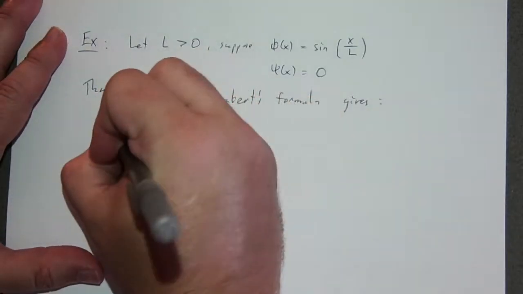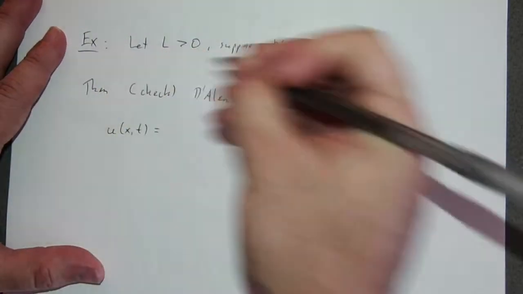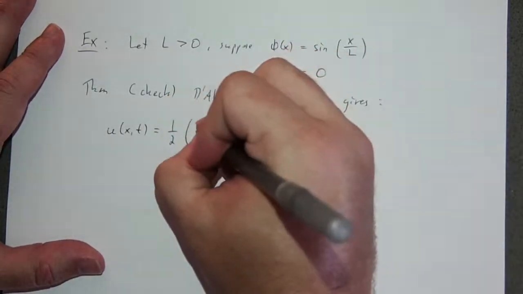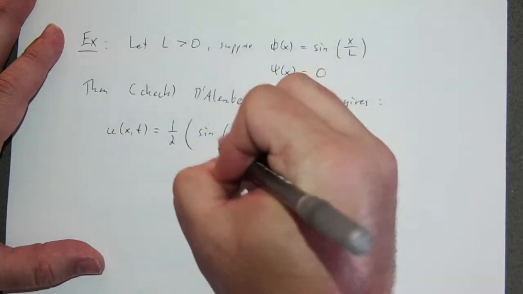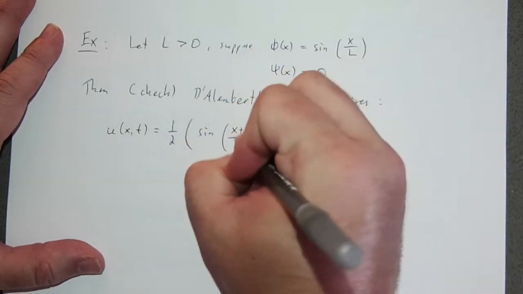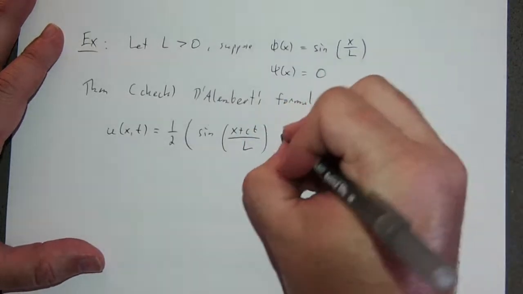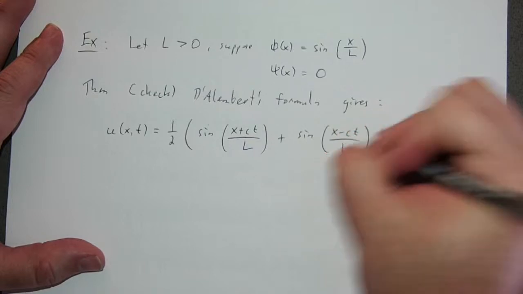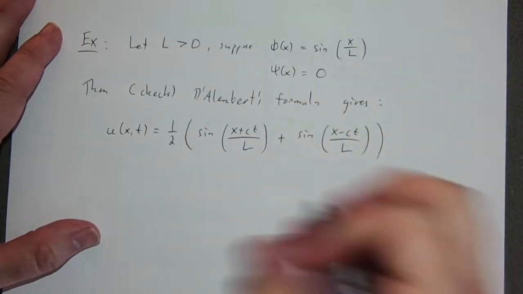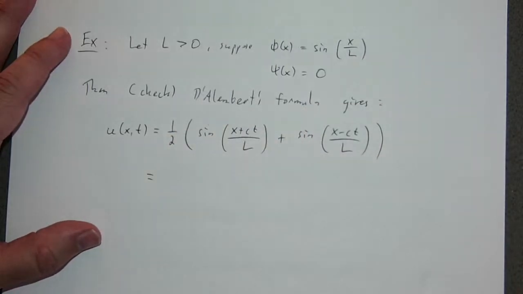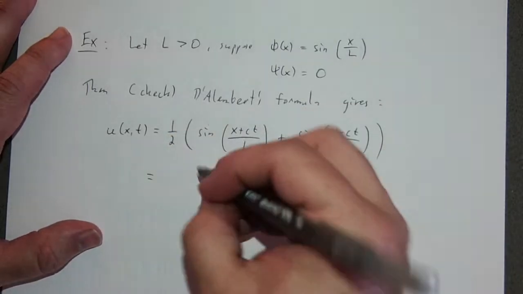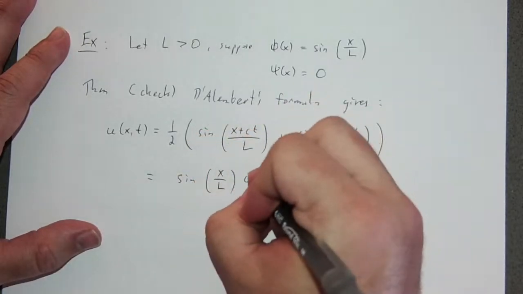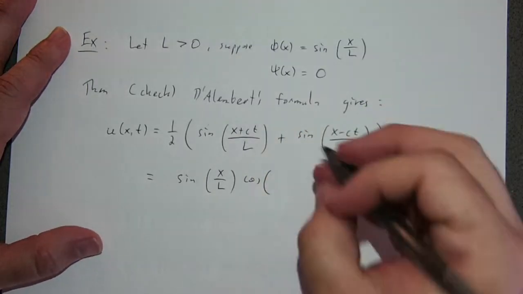I get that u of x, t is 1/2 times sine of (x plus ct) over L plus sine of (x minus ct) over L, whence my favorite trig identities allow me to rewrite this as sine of x over L times cosine of ct over L.